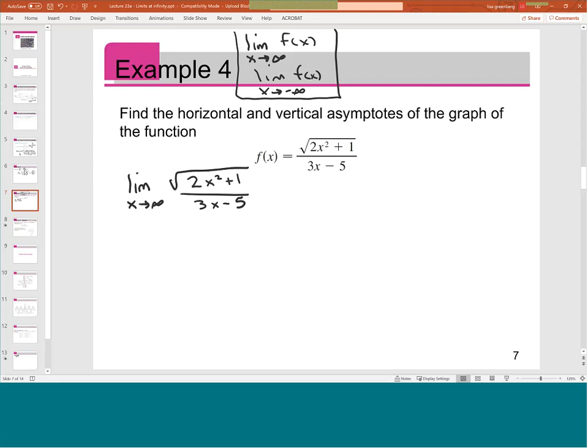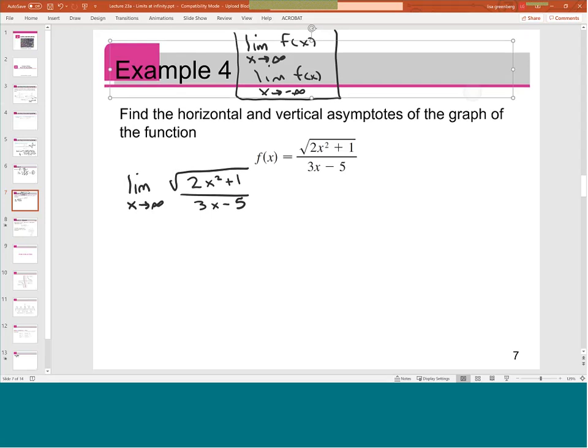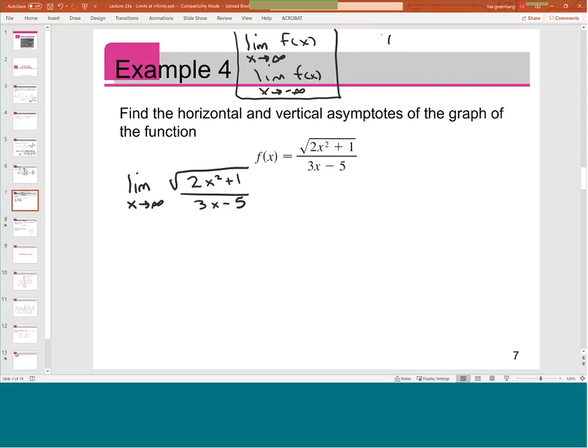So I see that I have an x in the denominator, and I have an x squared, but I have a square root of x squared. So let's see. Can I say that 1 over x is equal to 1 over the square root of x squared as long as x is greater than 0? Is that true?